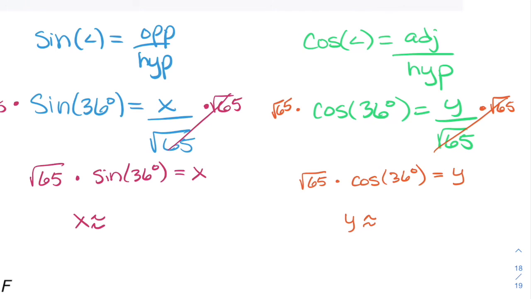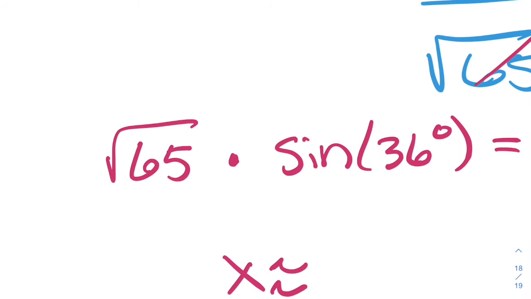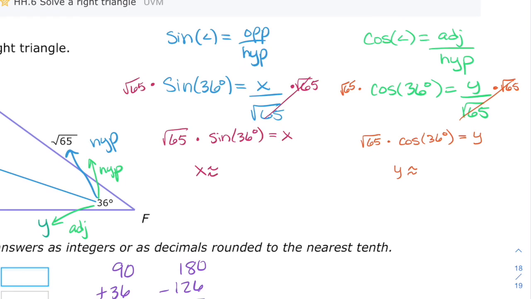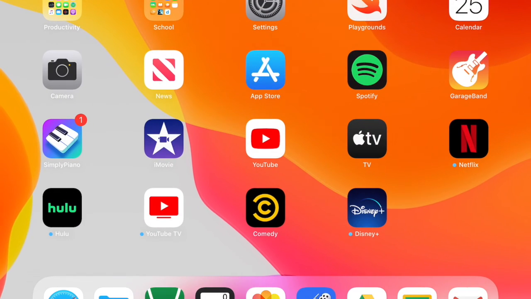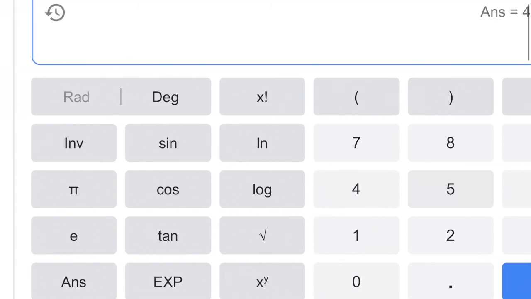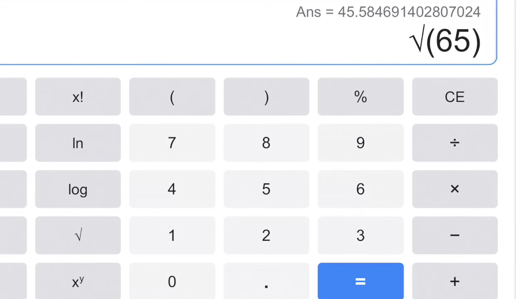Okay? Now, I want to show you how to type it in. We've got to be careful. We're going to have to make sure 65 doesn't get connected to sine of 36. So let's be very careful. I'm going to do the square root of 65, and then close parentheses. Make sure you close them.